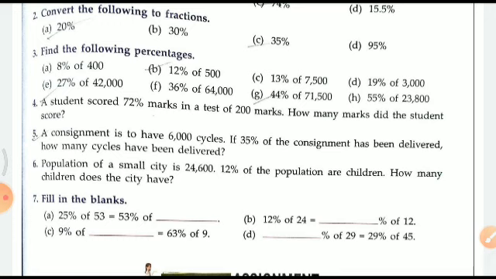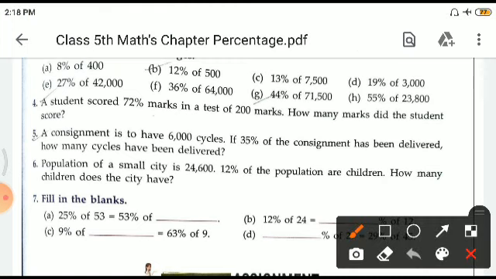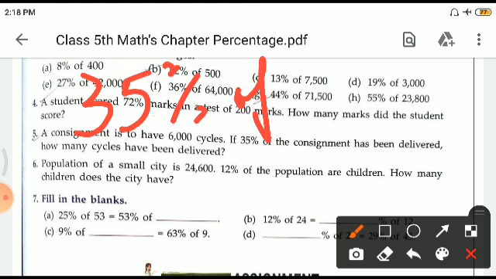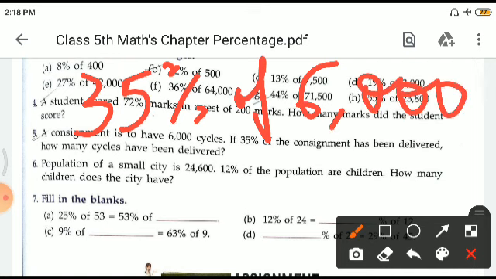That means the consignment that has been delivered is 35% of 6,000. So what we need to find is 35% of 6,000, right? Because that is the number of cycles which have been delivered.